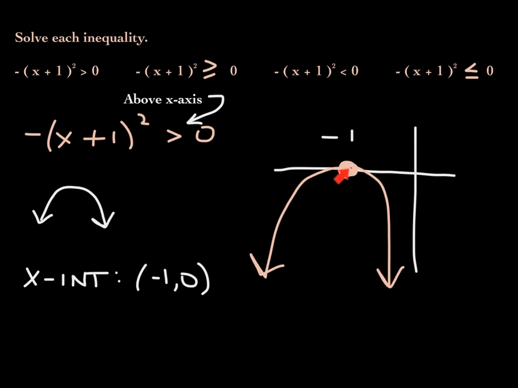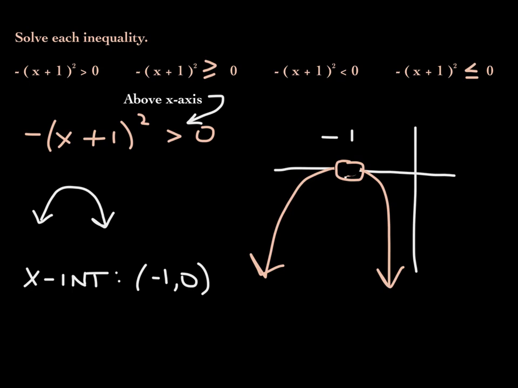This x-intercept, you cannot include it because this inequality is strict. What some of you probably want to do is make that x-intercept an open circle. You don't have to, but if that's how you learned with open circles and closed circles, then that's probably what you want to do. Because this is a strict inequality, you're not allowed to include this point.